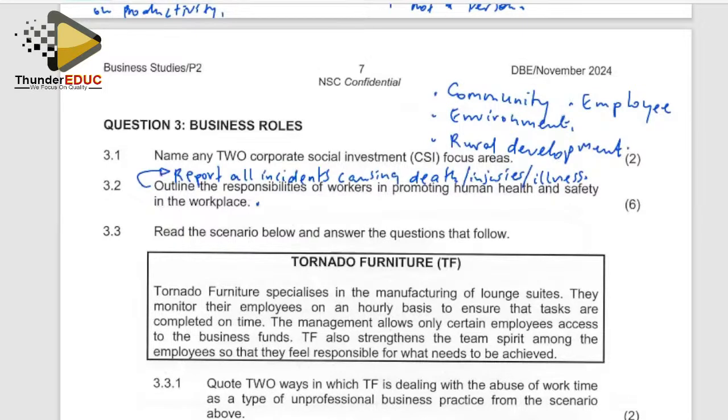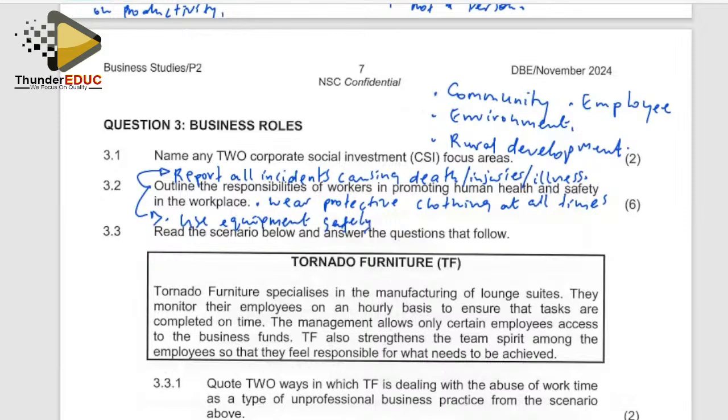We are also saying that they must wear protective clothing at all times. Also, they must use equipment safely as prescribed.